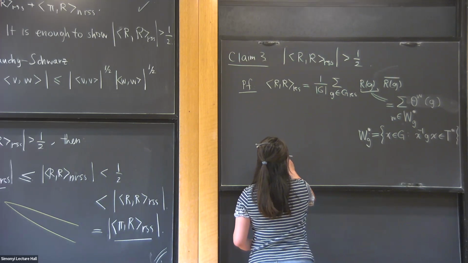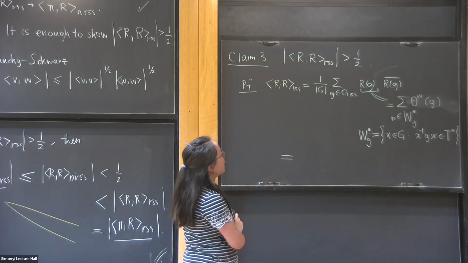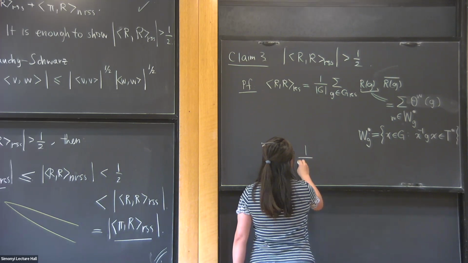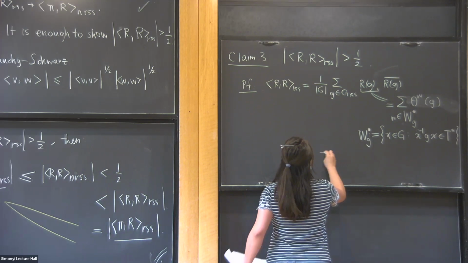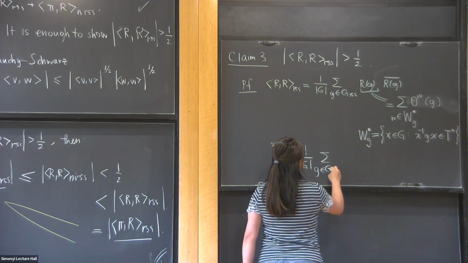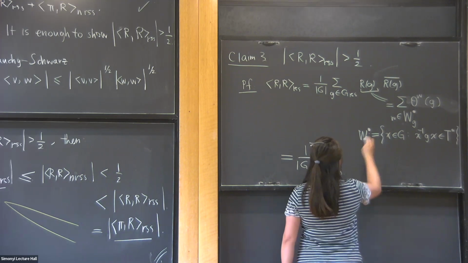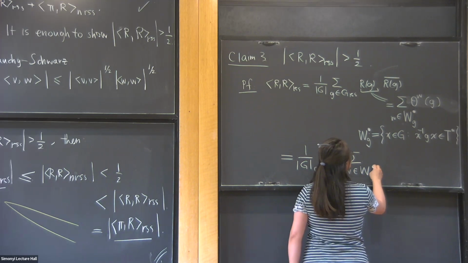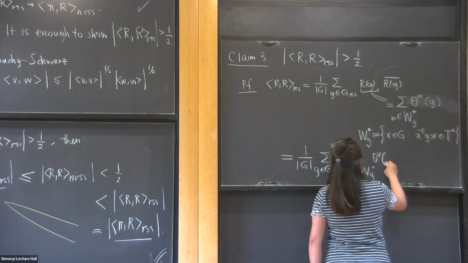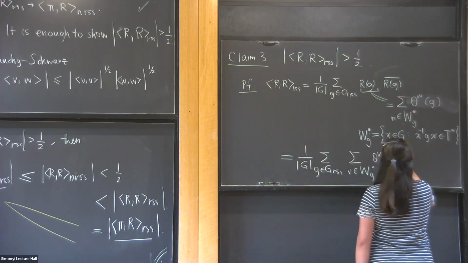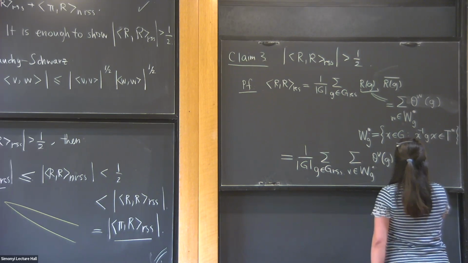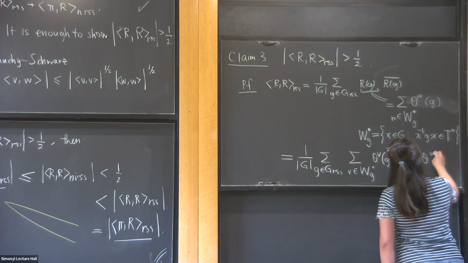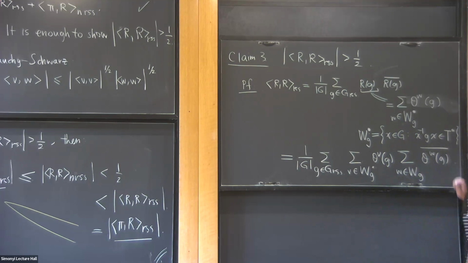Okay, so this thing is now equal to 1 over the absolute value of G, summed over G inside G regular semi-simple, and then I have stuff inside here times stuff inside here, bar.